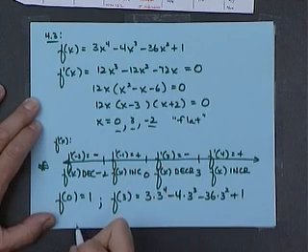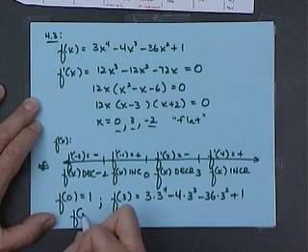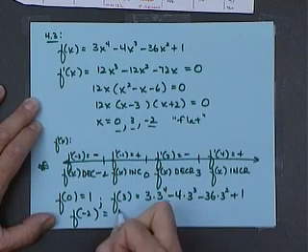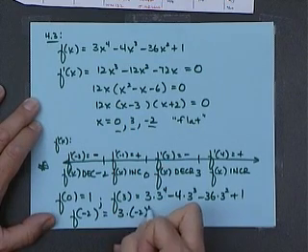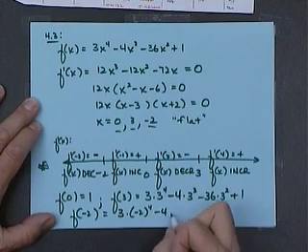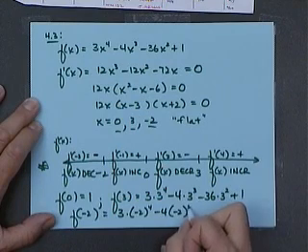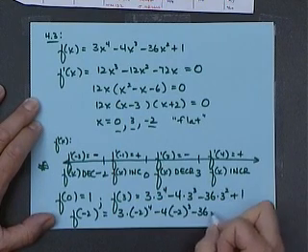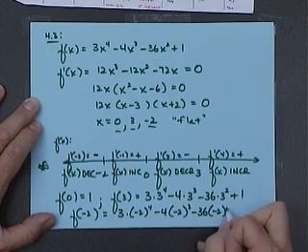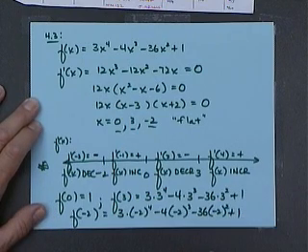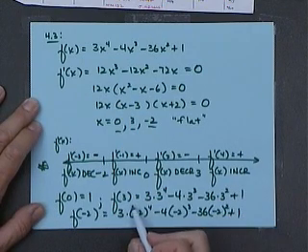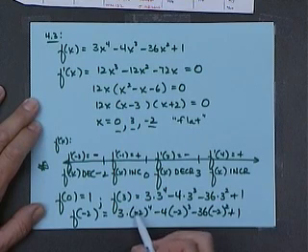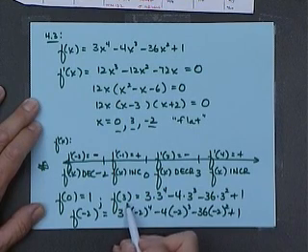We will also do the same thing with negative 2: 3 times negative 2 to the 4th, 4 times negative 2 cubed, 36 times negative 2 squared, plus 1. Somebody said f of 3. Casey? 28. Anybody else get 28 for f of 3?